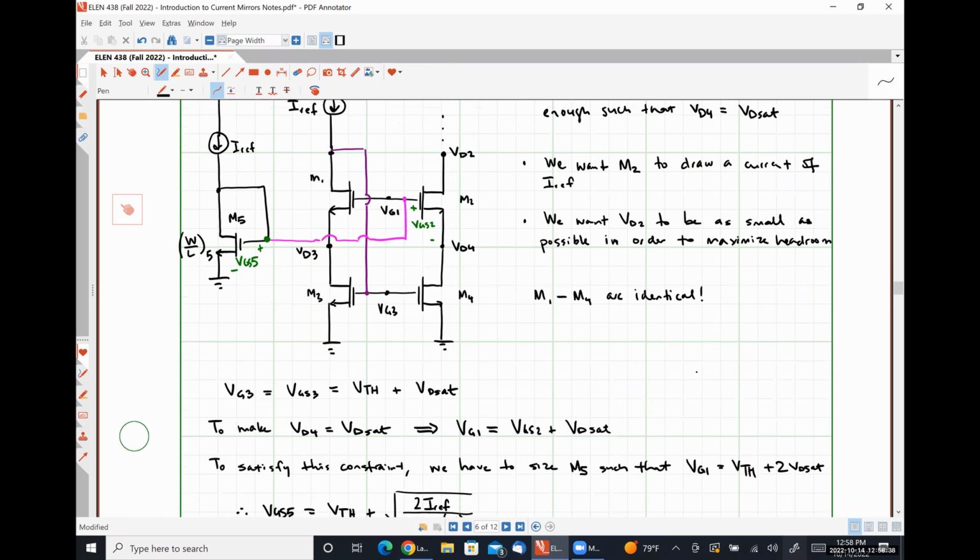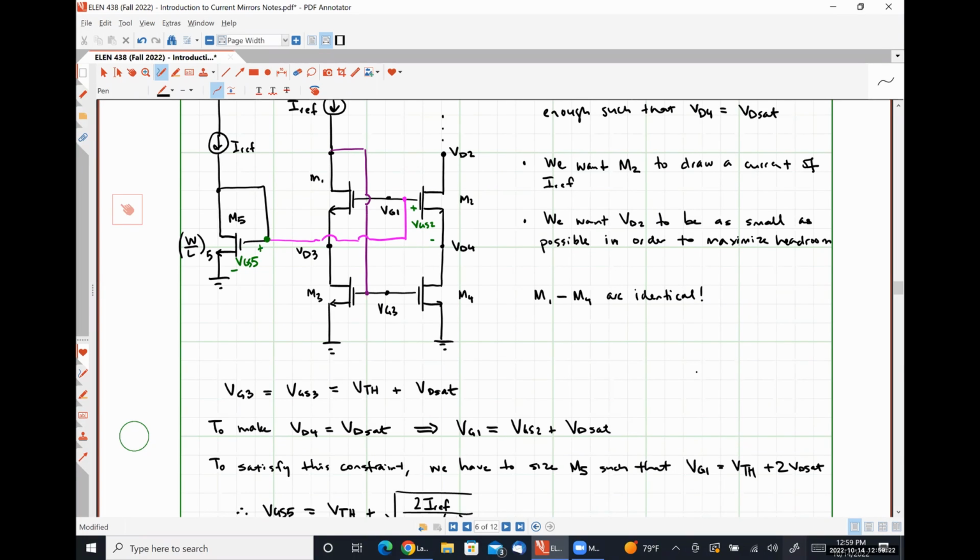Let's look up here real quick. So what we're going to figure out effectively is where VD2 is going to be in this thing now under this constraint to see what our headroom looks like, okay? So we need VDS2 to be greater than or equal to VGS2 minus VTH in order for transistor M2 to be in saturation, right?